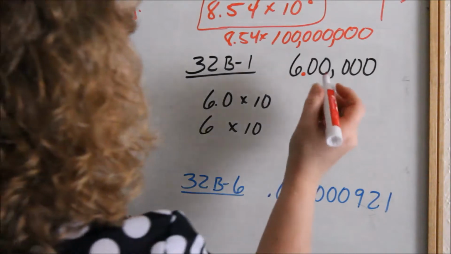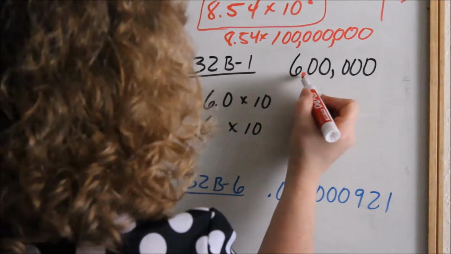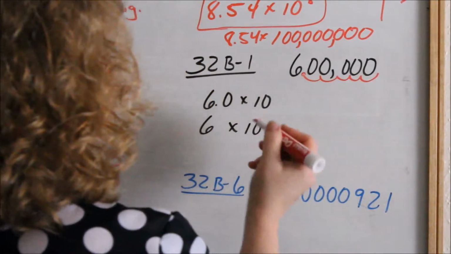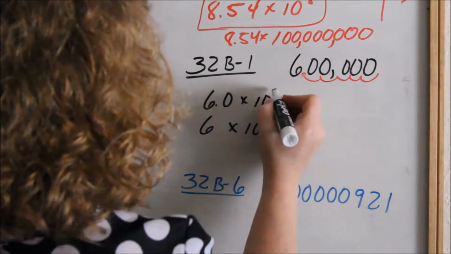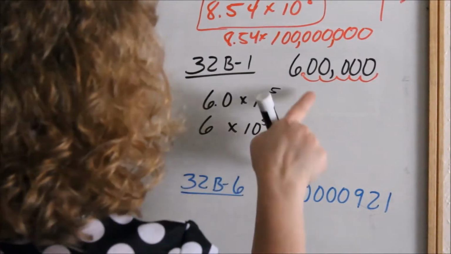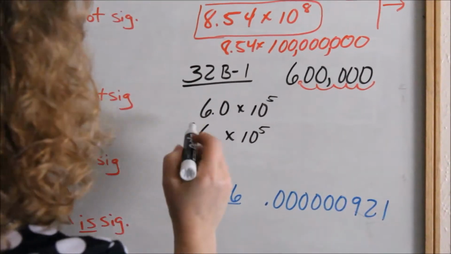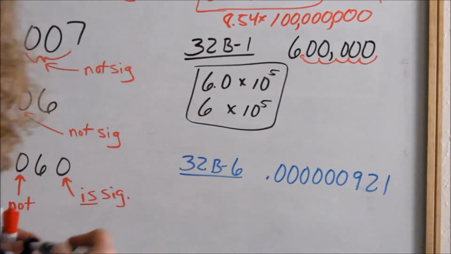So to figure out our exponent, we start where we are putting our decimal and then count over to the end of the number. 1, 2, 3, 4, 5. And so that would be 6.0 or 6 times 10 to the positive 5 because I moved in the positive direction going toward the right. And this is 600,000 in scientific notation.